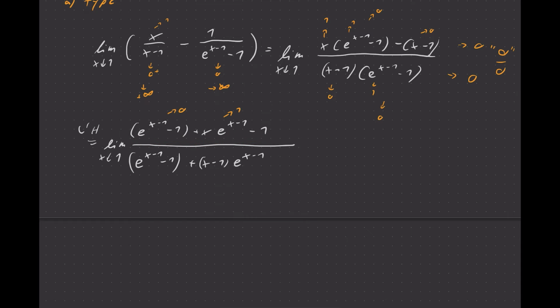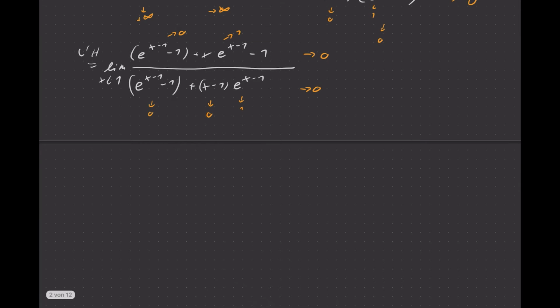So the numerator again tends to 0. And for the denominator, this expression tends to 0. This here tends to 1. And this factor tends to 0. So also the denominator tends to 0. And we're again in a situation where we can apply L'Hopital's rule. So it's not uncommon to apply that rule multiple times.